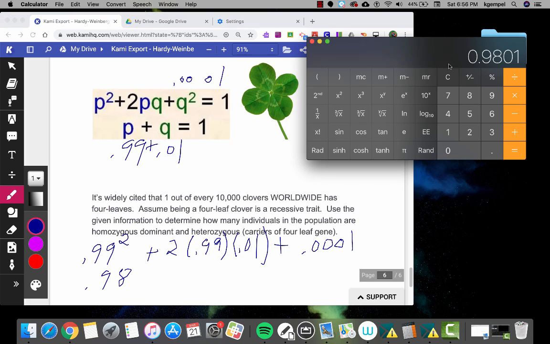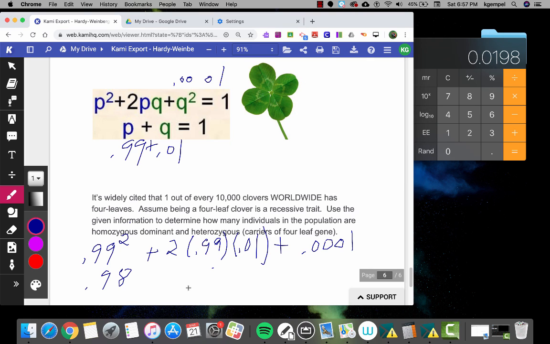And then I have 0.99 times 0.01 times 2 equals 0.02. And that makes sense because this is just 1 out of 10,000, that frequency is so small.